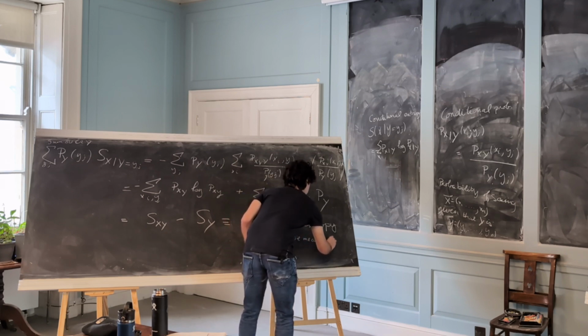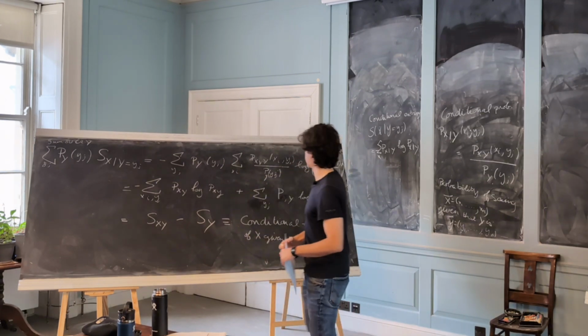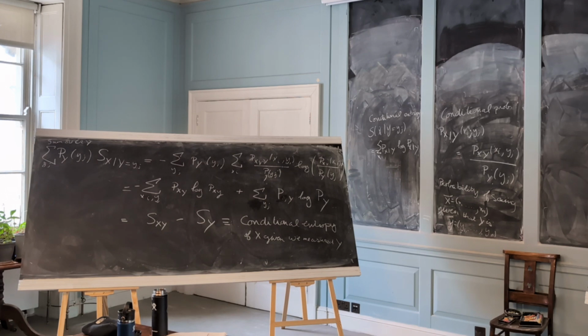Given that we're saying we measured y, why are we still summing over y? It's just a question of how much entropy is in the x subsystem once you have fixed the information in y. Like you fixed one state in y.